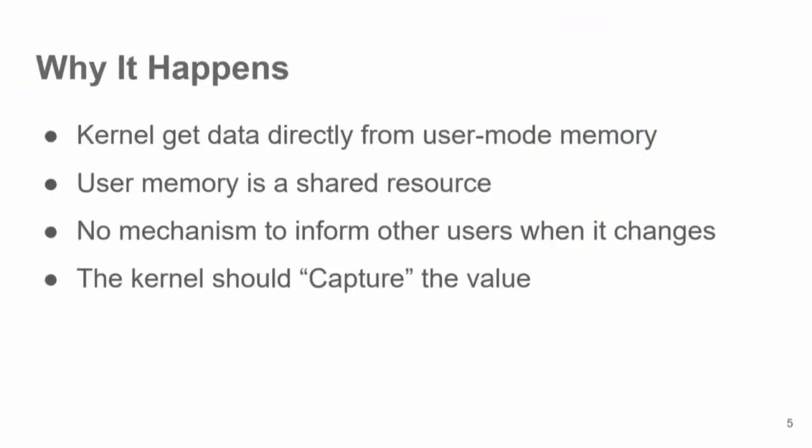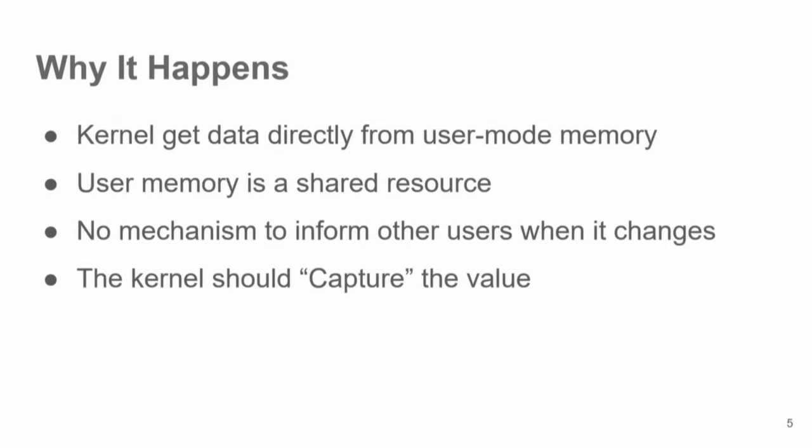And we think about why it happens. I think it's because the kernel gets data directly from user memory twice, and user memory is a shared resource. So when other threads change those memories, there's no mechanism to inform the kernel or other user threads when that happens.